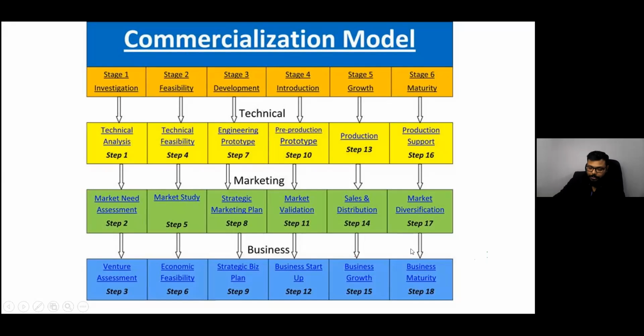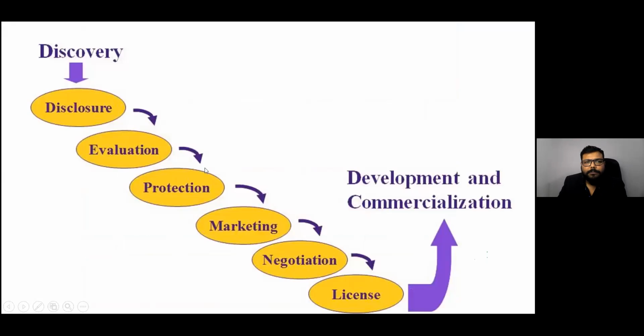So when the business matures, that means you can become a millionaire. So this is the commercial readiness. Now discovery, evaluation: this is also development and commercialization, the whole process. Once again I have shown here: disclosure, evaluation, protection, marketing, negotiation, licensing. So development and commercialization is this.